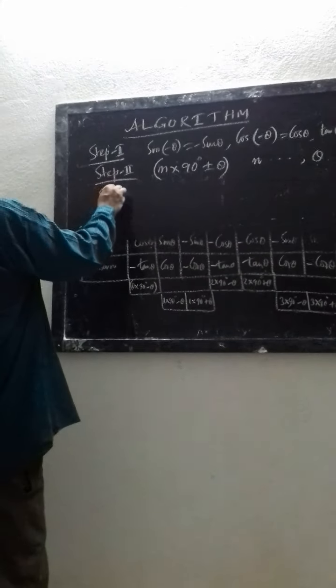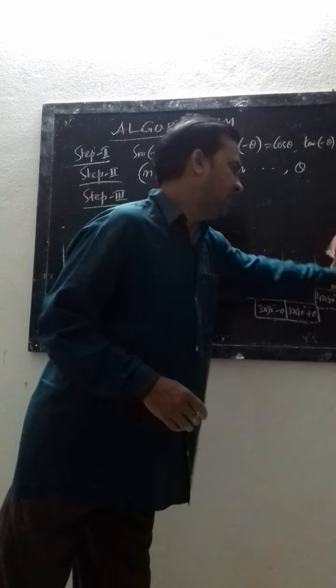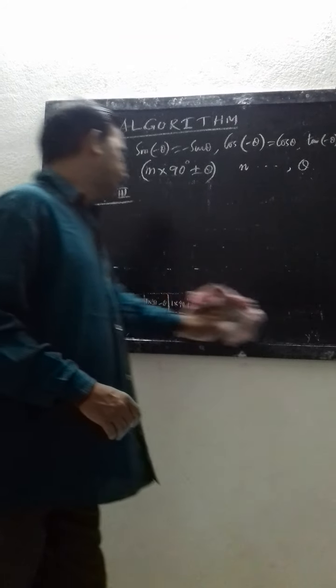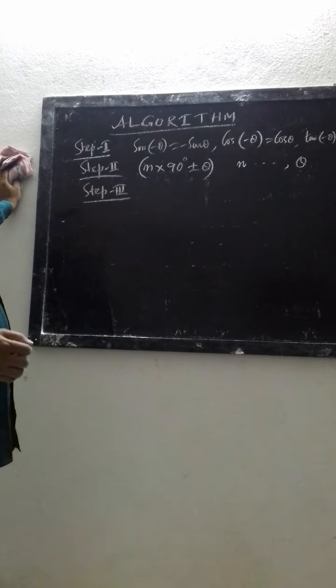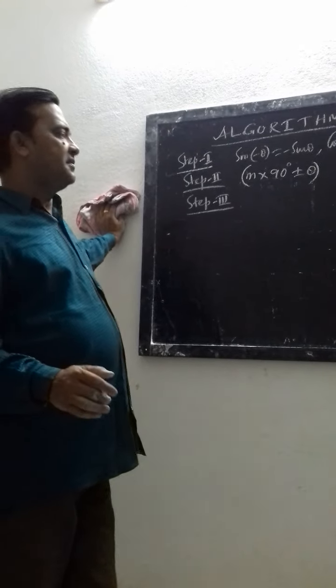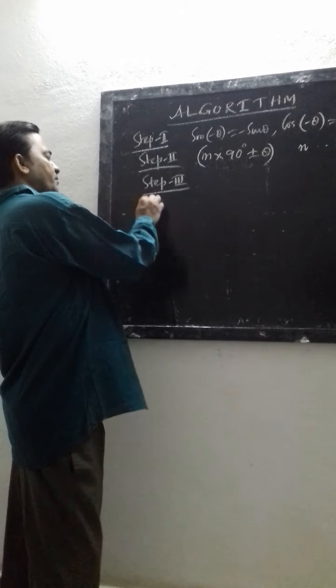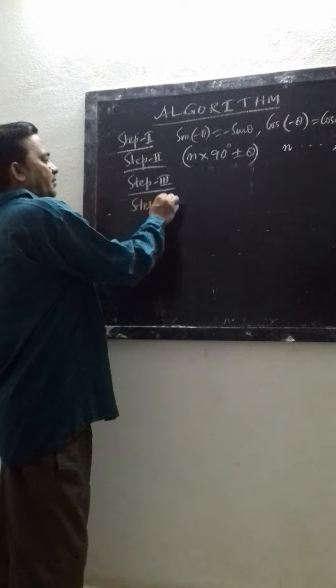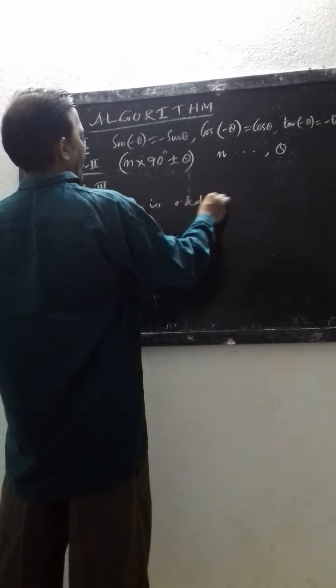Step 3. See in which quadrant the given angle lies and determine the sign of the trigonometric ratios by using the law all sin tan cos. And step 4, see whether n is odd or even.